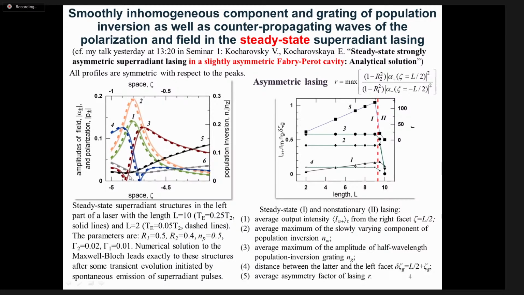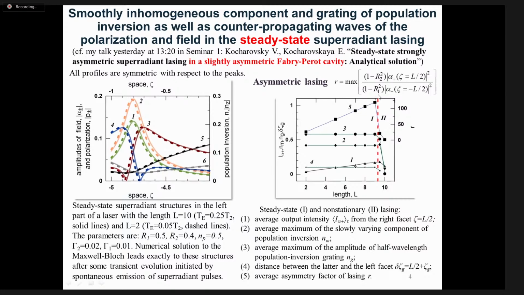And also there are amplitudes of two counter-propagating electromagnetic waves, curves 5 and 6 here, which are also symmetric with respect to these peaks, and counter-propagating polarization waves, curves 3 brown and 4 blue here. They are also symmetric.